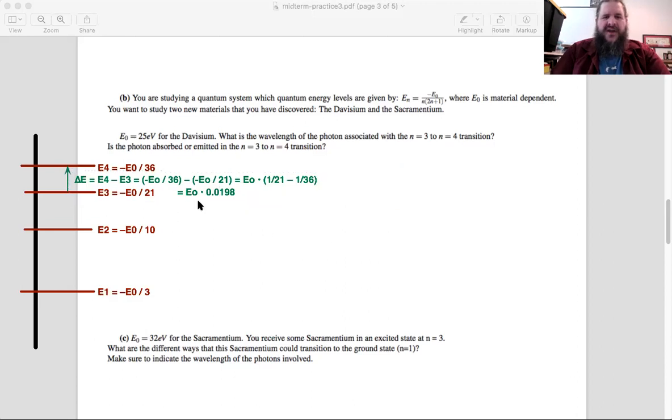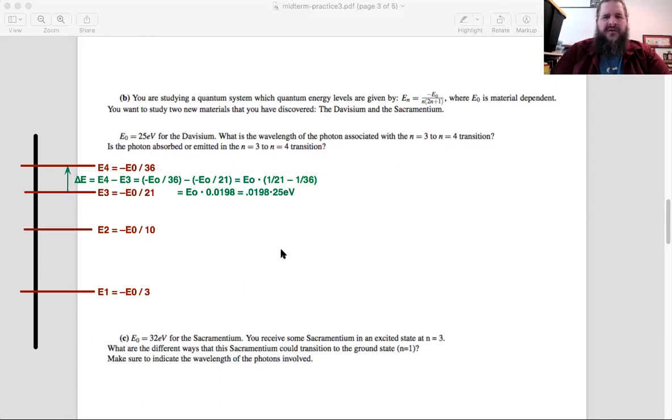So that'll be the change in energy. And of course, E0 is, in this case, 25 electron volts. So we know that to go from state 3 to state 4, the system has to gain this much energy. In other words, 0.0198 times 25 electron volts.